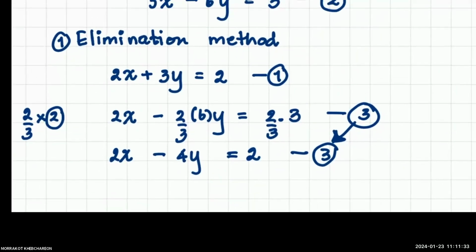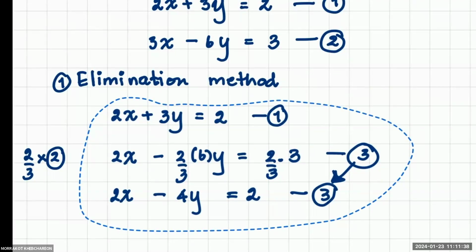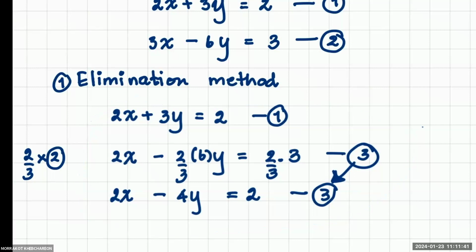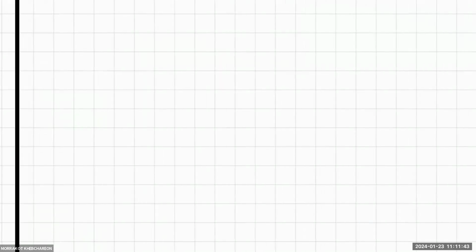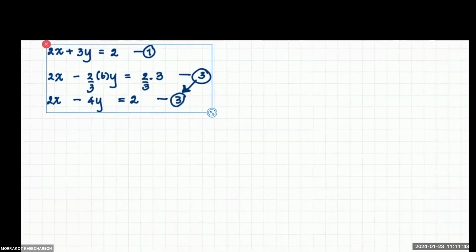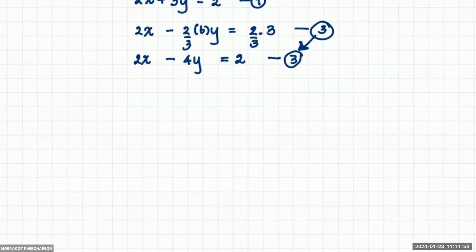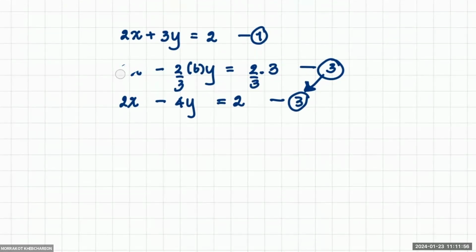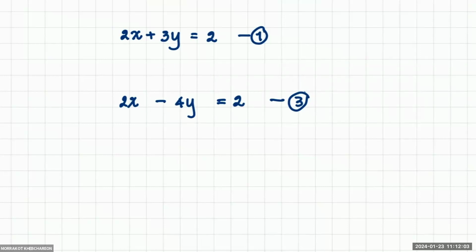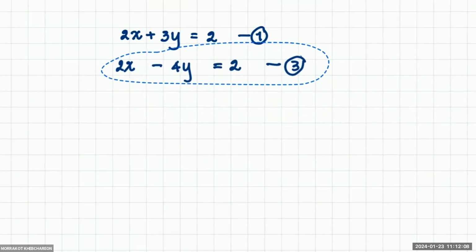So I have 2 equations and 2 unknowns. Let me erase this. Then I have equation number 1 and number 3.